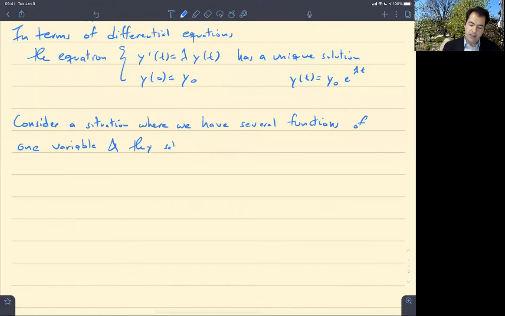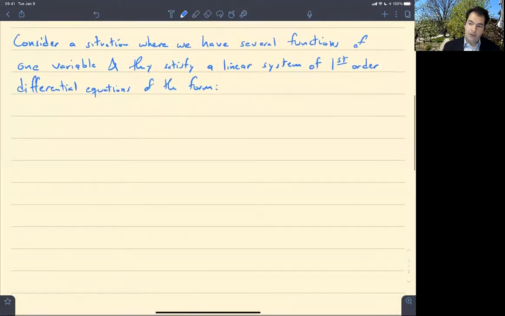And they satisfy a linear system now of first order differential equations. So we have something of this form.